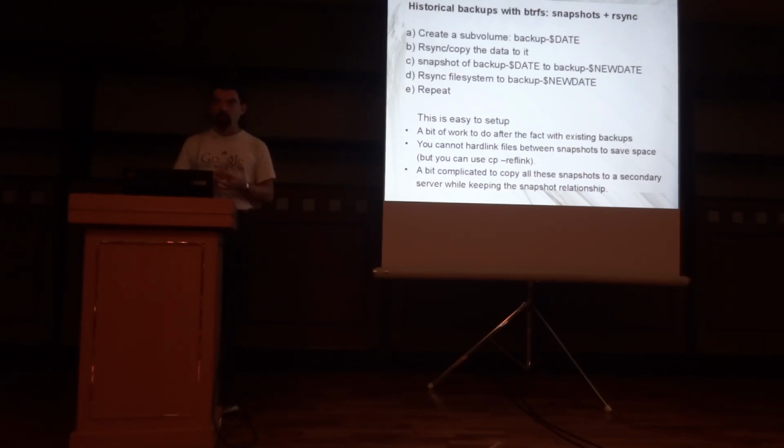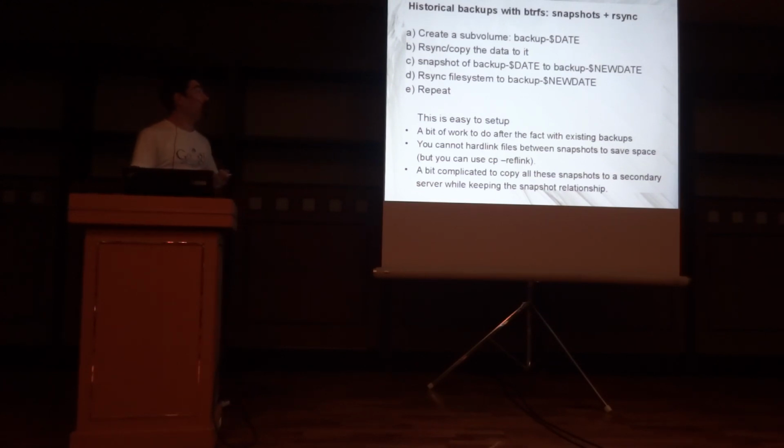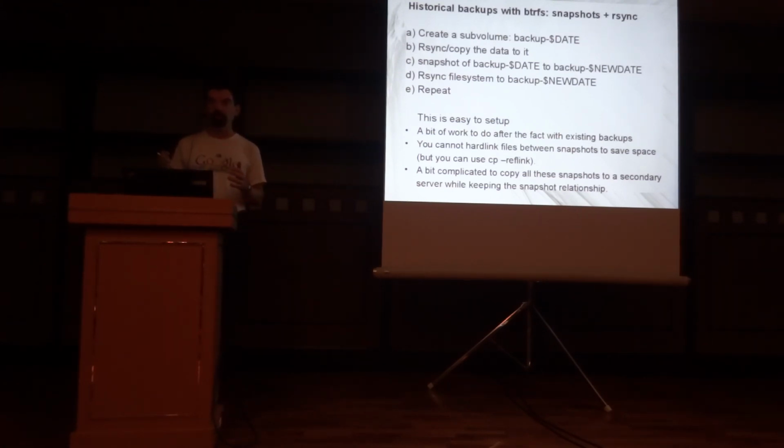So now how do you do historical backups? There's different ways of doing it. The first one is you put a subvolume, and then you can do a snapshot and rsync to that snapshot, which means that only the blocks that changed will be modified. That's an easy way to do it. You're using built-in features, and it will be fine.